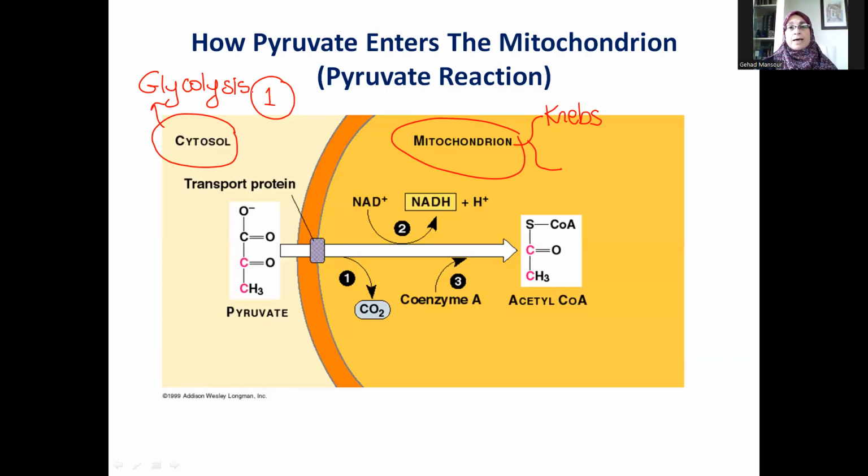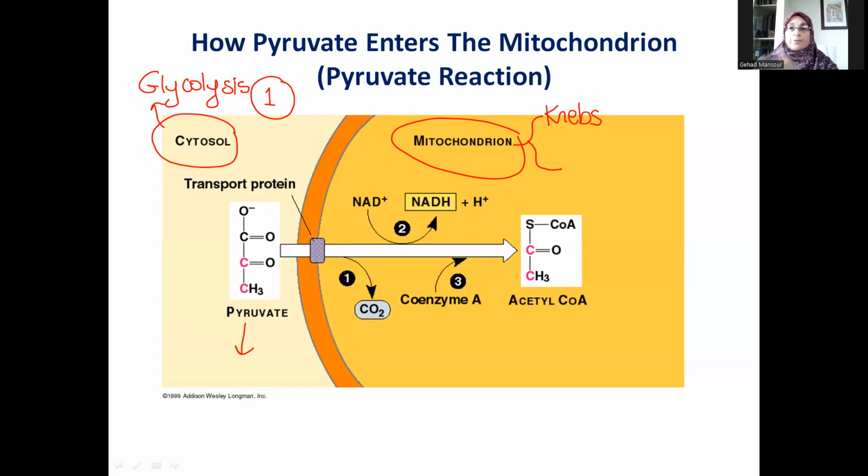require oxygen. And if oxygen is not available, then the end product, or one of the end products of glycolysis, which is pyruvate, will stay in the cytosol and undergo reduction into lactic acid or ethyl alcohol and carbon dioxide, in which case the whole process of glycolysis followed by pyruvate reduction would be called fermentation, acidic fermentation or alcoholic fermentation.